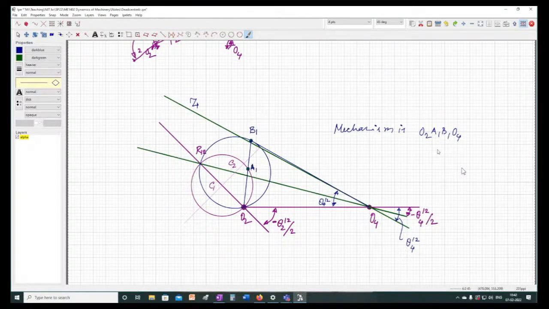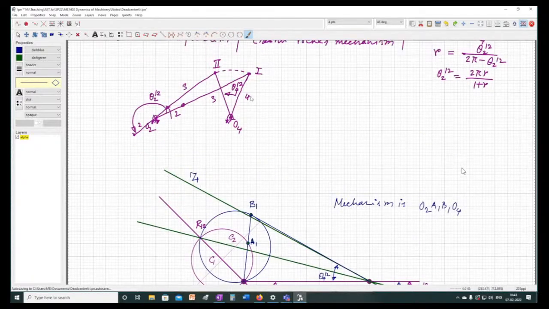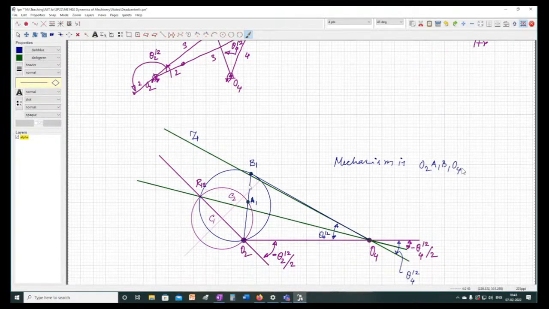This is a crank rocker mechanism. Using this, you can get a crank rocker mechanism. And as you can see, this is one of the extreme positions. Okay, one of the dead center positions, position 1, where the crank and the coupler are collinear.